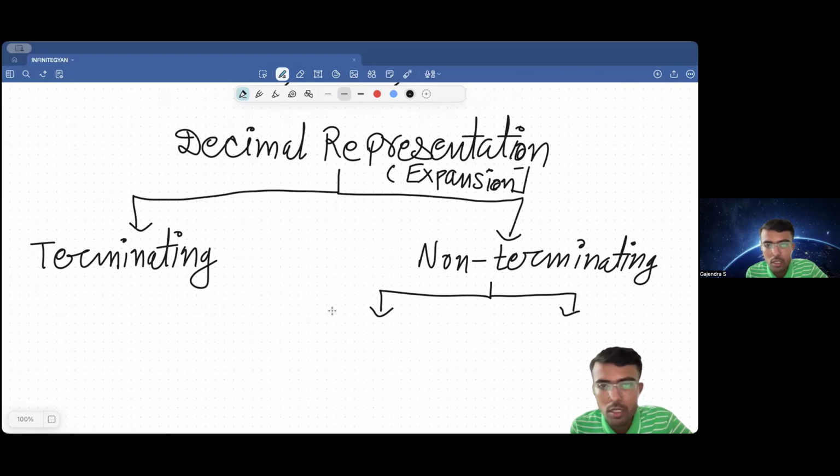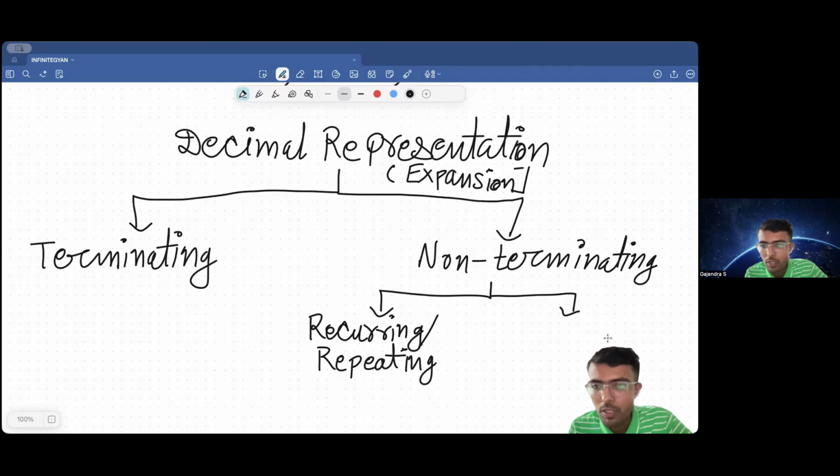One is recurring, or you can say repeating, and here is non-recurring or non-repeating, you can say.